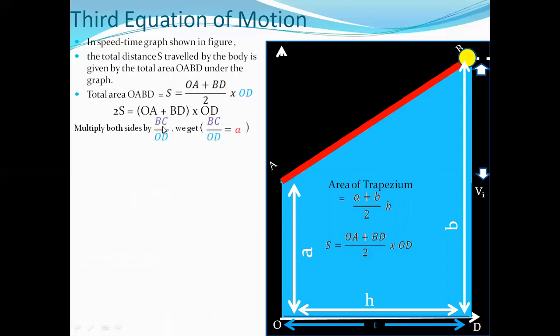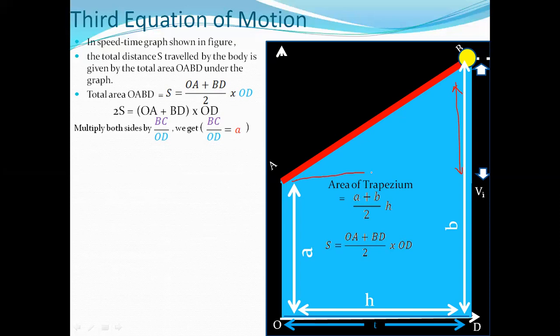Multiplying both sides by BC divided by OD, we get, because we know from the first equation of motion that BC over OD is equal to A. From the first equation of motion, we got this one, because the height of the triangle, this part, is BC, divided by OD.